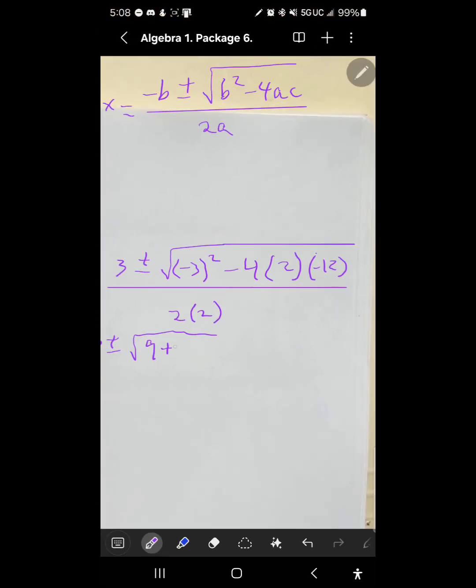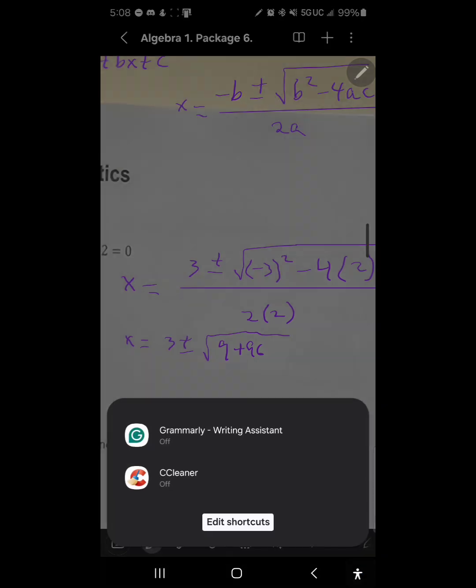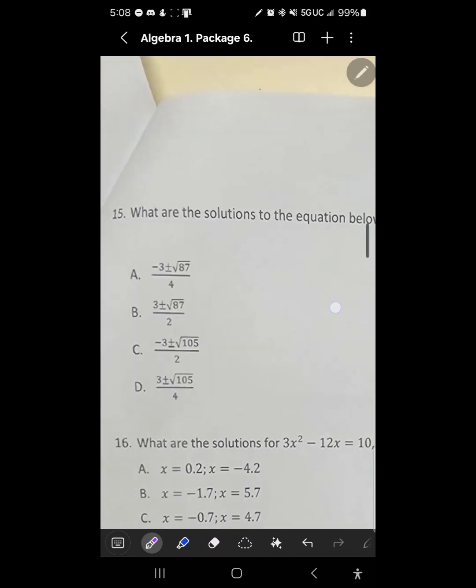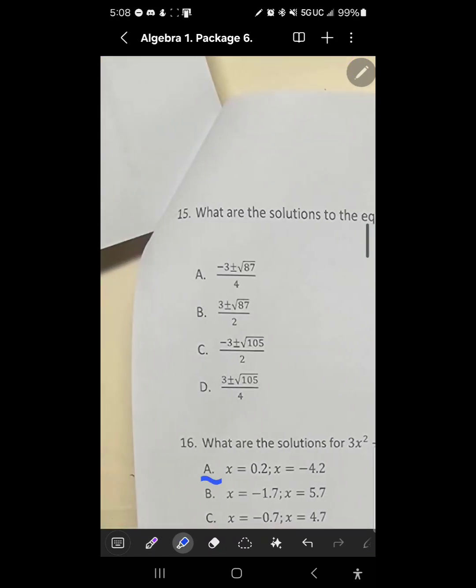So 96, over 2 times 2, 4. Now I have that x equals 3 plus minus the square root of 9 plus 96, which is 105, over 4. Is that any of the options? Yes, right here, D. So this is our answer.